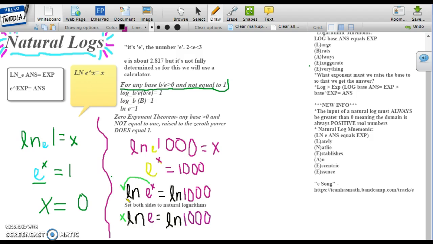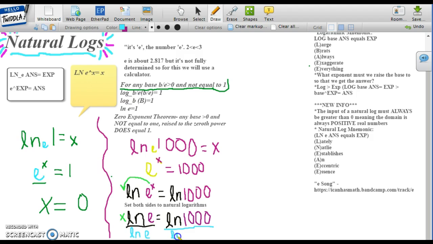Now, as you can guess, we'll be using basic algebraic skills to solve for x. So what we'll do is divide both sides by the natural log of e. Natural log of 1000 divided by the natural log of e.